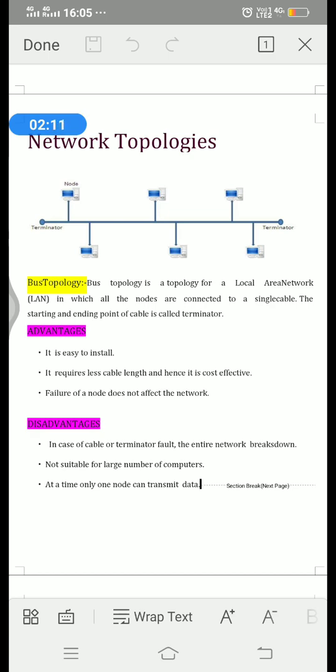Second one, it requires less cable length and hence is cost effective. Definitely, as you can see, if the backbone is very close to you, you need only the wire length to connect your computer with the backbone. So the required cable length is very less, and that's why it is cost effective.